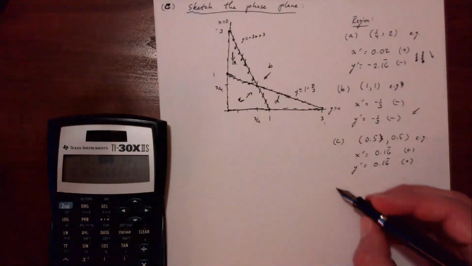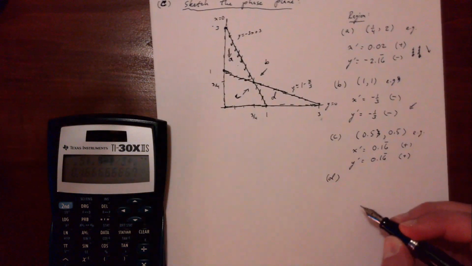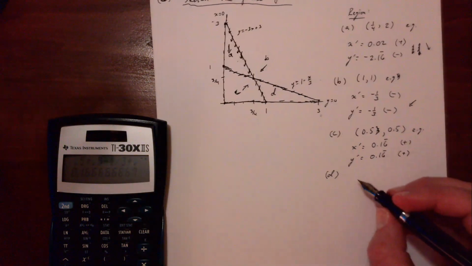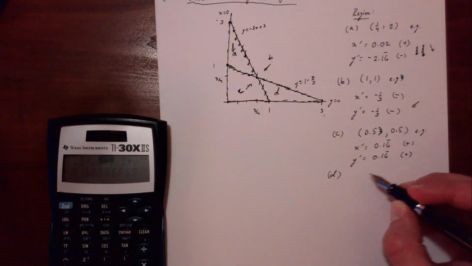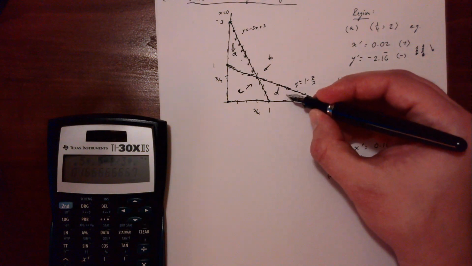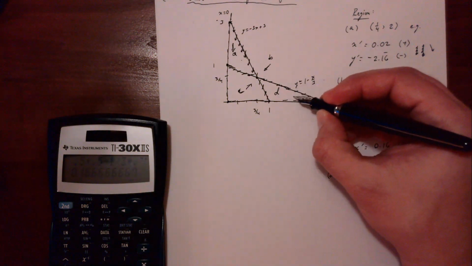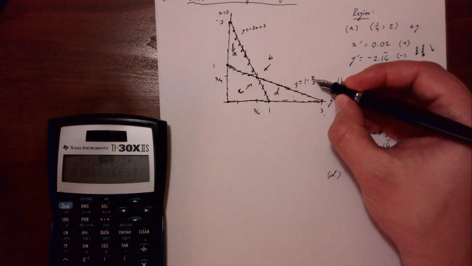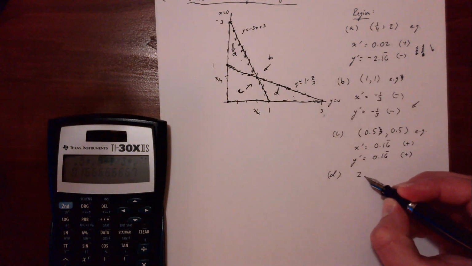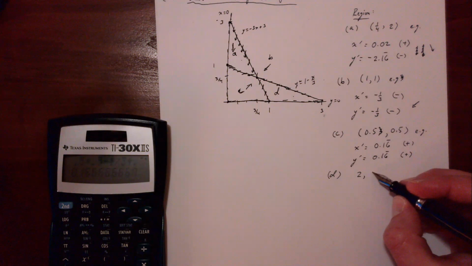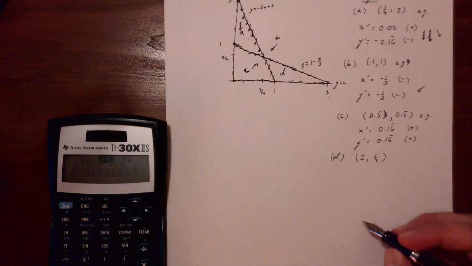And then for D, we can pick a point. We just have to make sure that we stay below this line. So if we pick a point like 2, and then as long as it's a number that is below 1/3, so 2 and 1/4, just to keep things kind of symmetrical with that one.